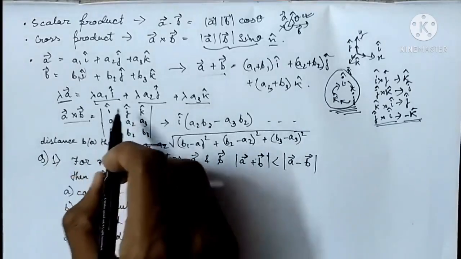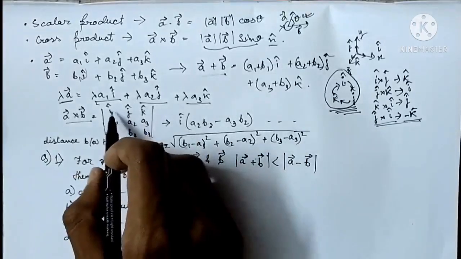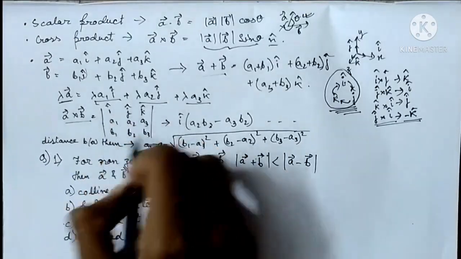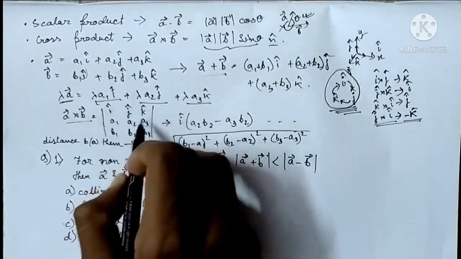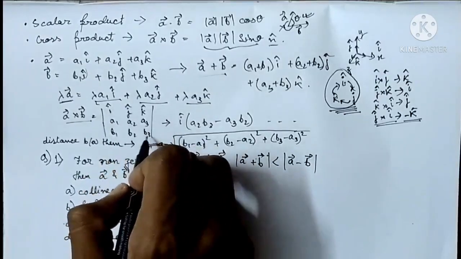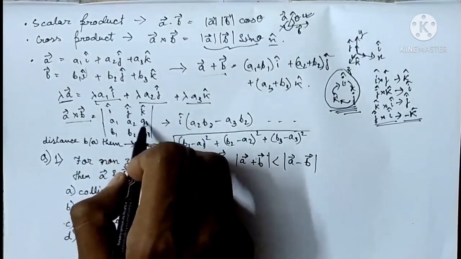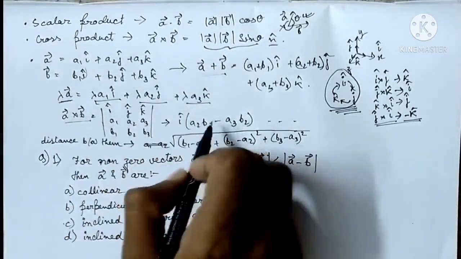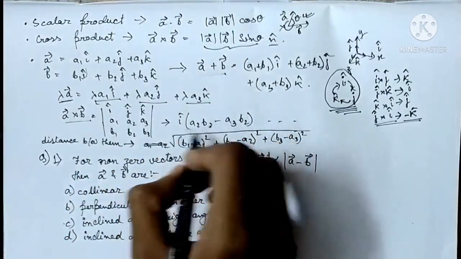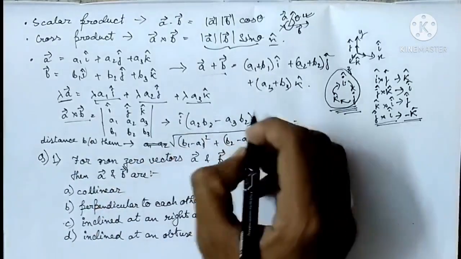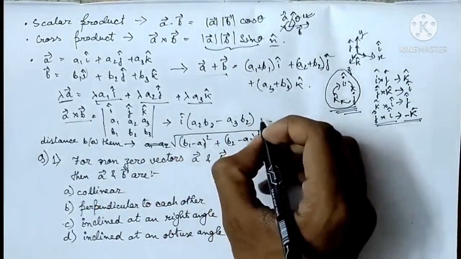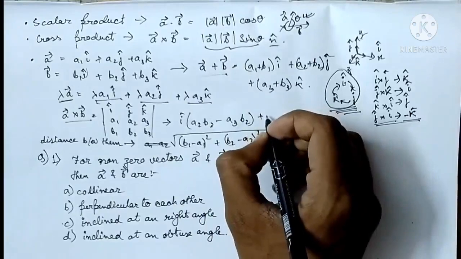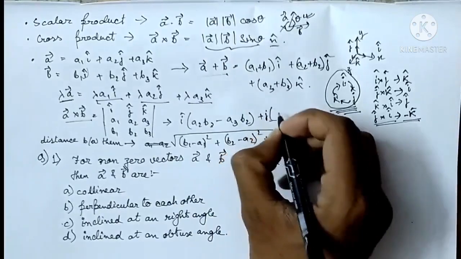For this, I think you already know how to solve this determinant: i cap into a2 b3 minus b2 a3. It is just a formula. If you don't know, then I am writing it. This is the i part. I just left it down for you.